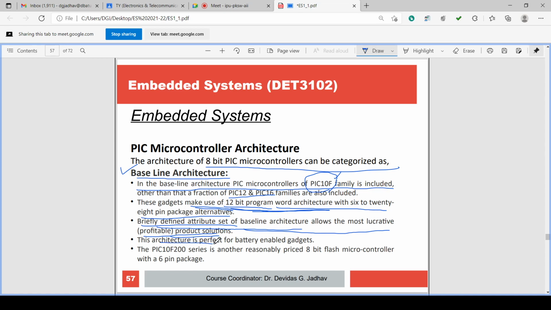The architecture is perfect for battery-enabled gadgets. The PIC 10F200 series is a reasonably priced 8-bit flash microcontroller with a 6-pin package.